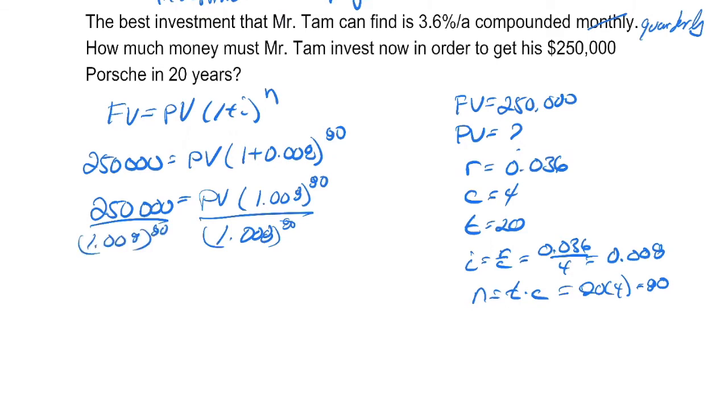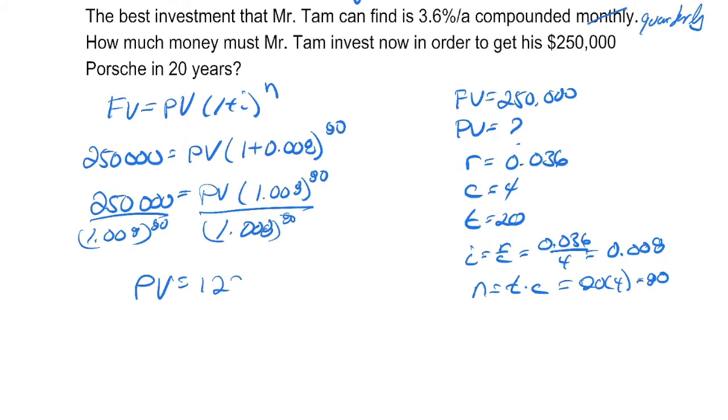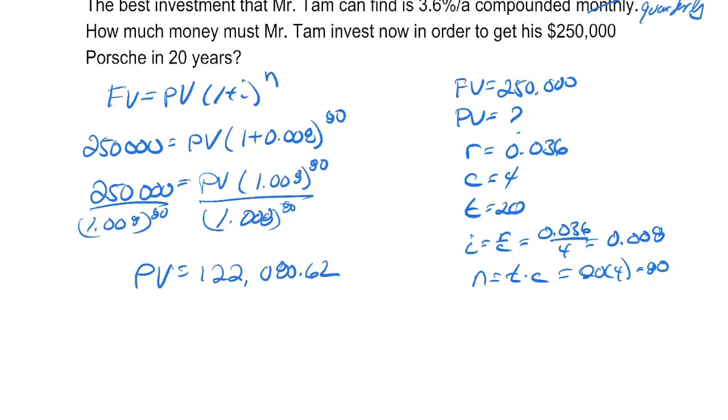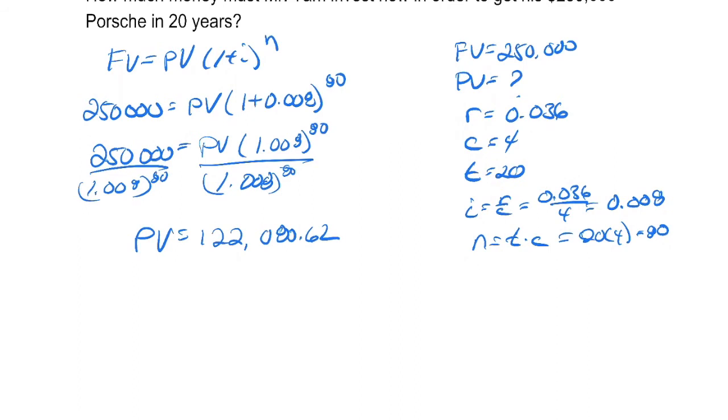So type it all into the calculator all at once. And we get present value is equal to $122,080.62. So what this says is that I have to up my initial investment, or my initial deposit in my savings account, from $75,000 to $122,080.62.